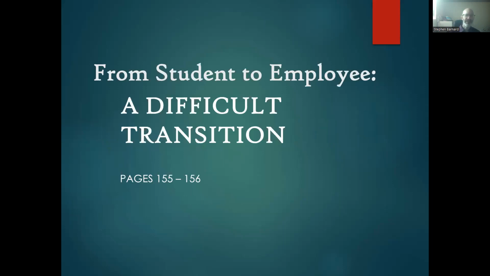Okay, so let's take a look at that article for a second. From Student to Employee, a Difficult Transition. This is on pages 155 and 156. This is a 2-page article. So imagine if I asked you to summarize this article, take the main idea, its supporting ideas, maybe a few examples, and compress it.